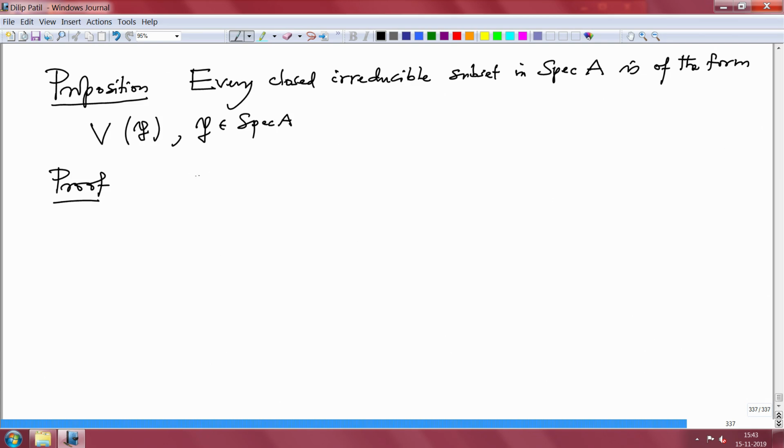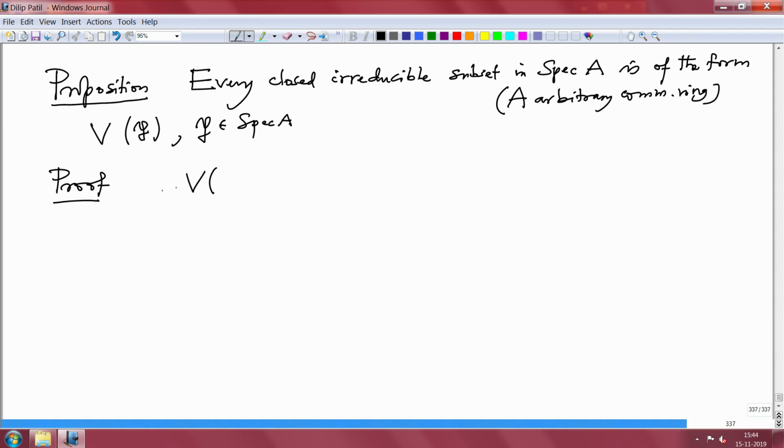So, now A is an arbitrary commutative ring. First of all, start with any P and look at V(P).